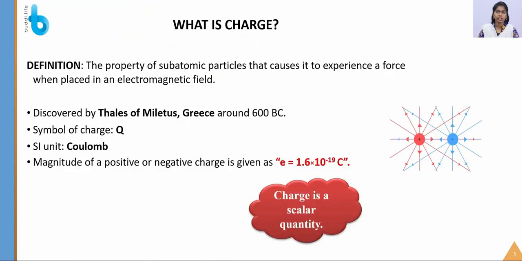What is a charge? Charge is a property of a subatomic particle that experiences a force when placed in an electromagnetic field.